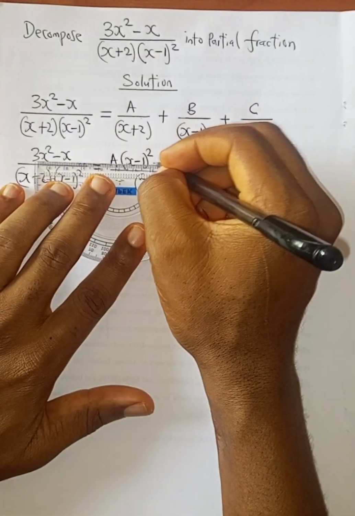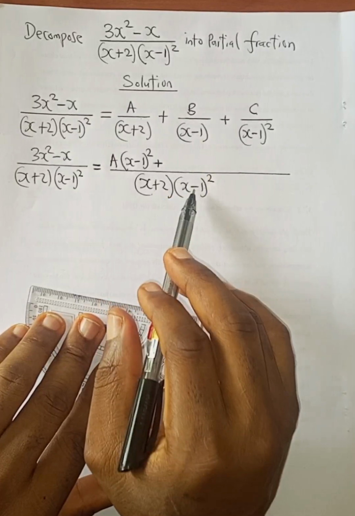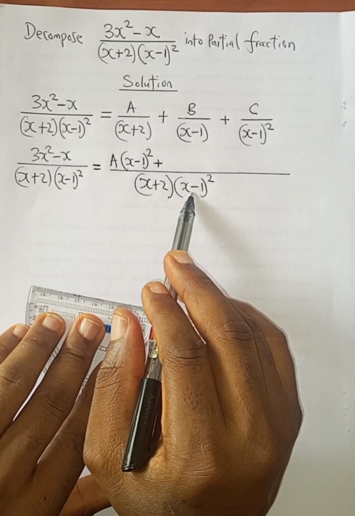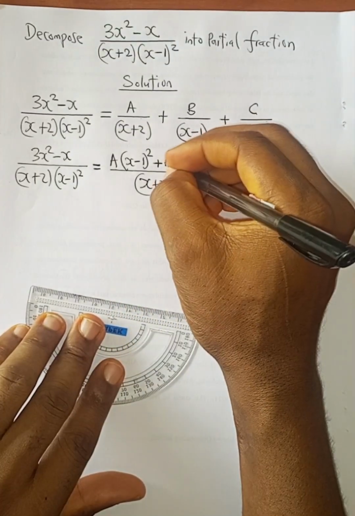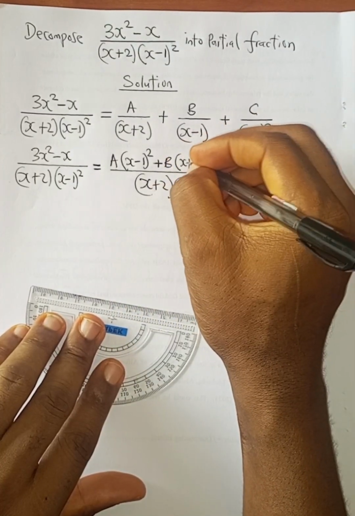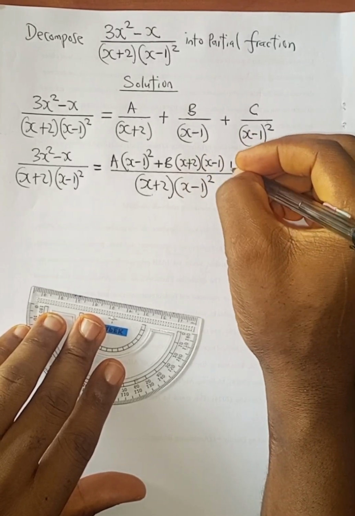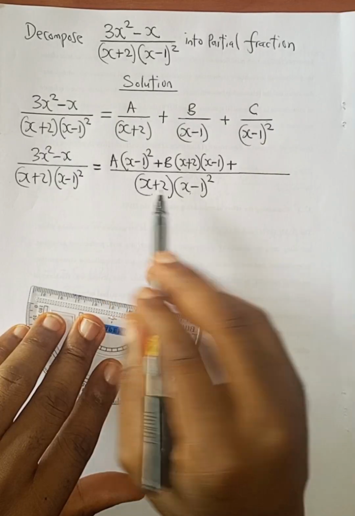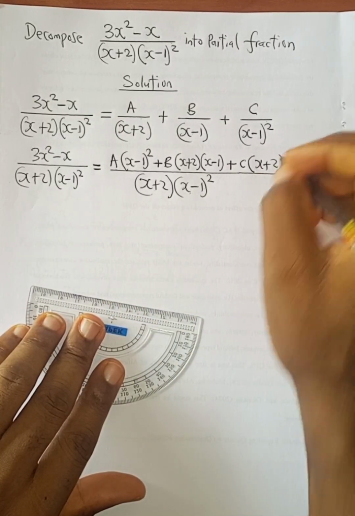Then we have plus, when this one going into this will cancel one of this. You know there are 2 here. This will cancel 1, remaining 1. So this times that 1 will be times B. So B will times s plus 2 times s minus 1 plus, when this goes into this it will cancel this. You are left with s plus 2. C will times s plus 2.